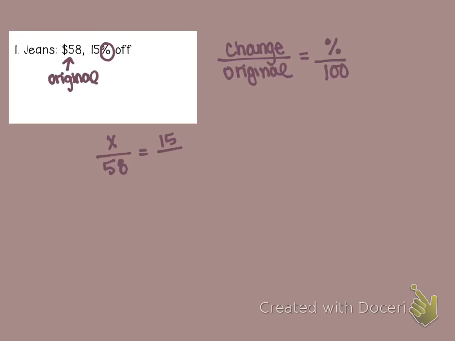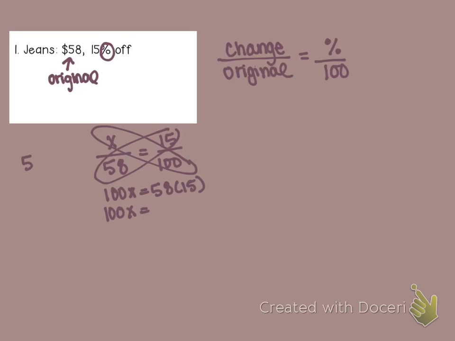The percent is 15, and then it's over 100 because a percent is out of 100. So then you cross multiply. 100 times X is 100X, and then the other diagonal is 58 times 15. 100X equals 58 times 15.